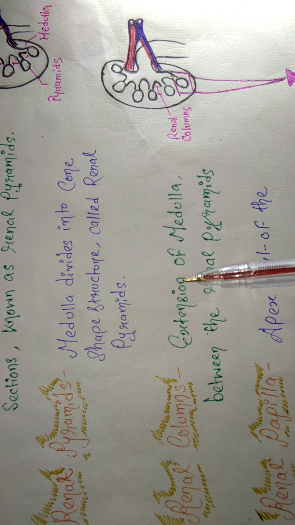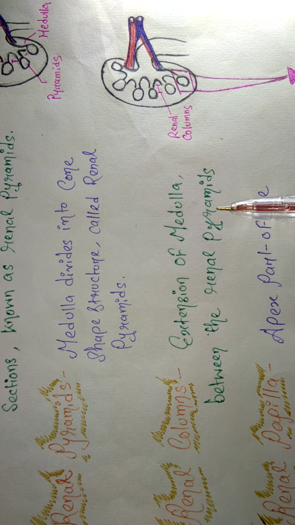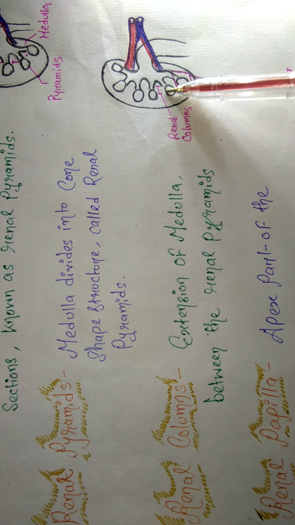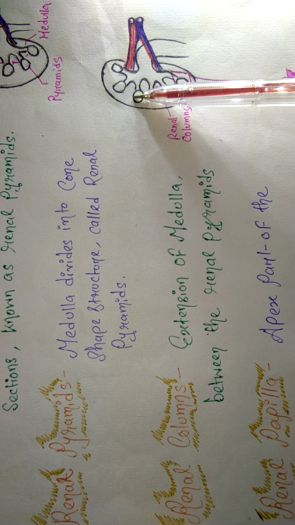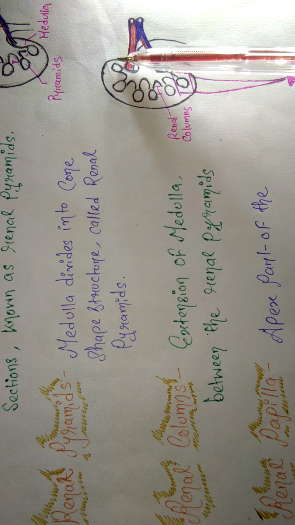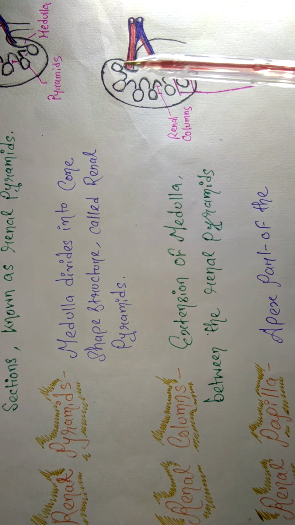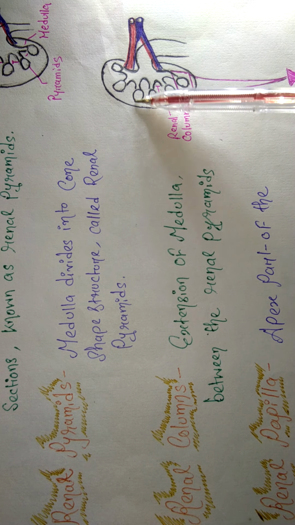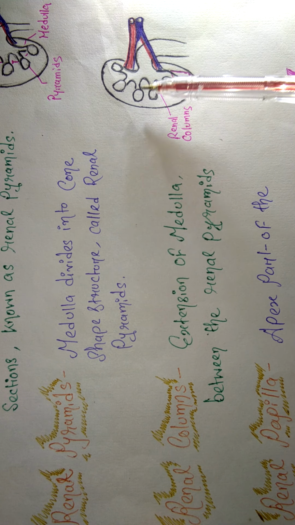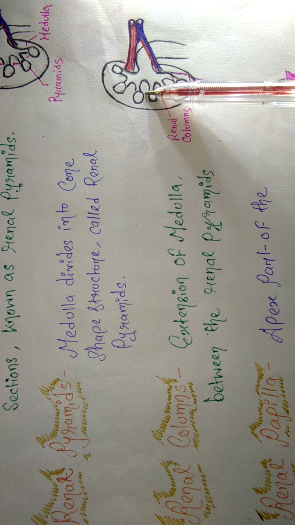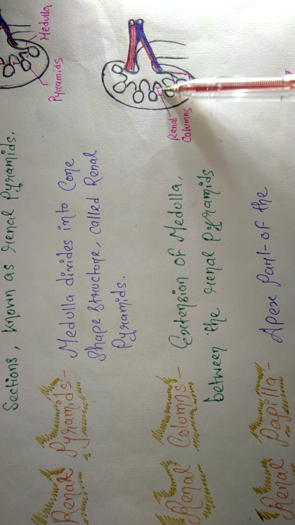Renal columns are extensions of the medulla between the renal pyramids. The whole inner portion is medulla, and it divides into small cone shaped portions called renal pyramids. Between two pyramids there is a portion called the renal column.